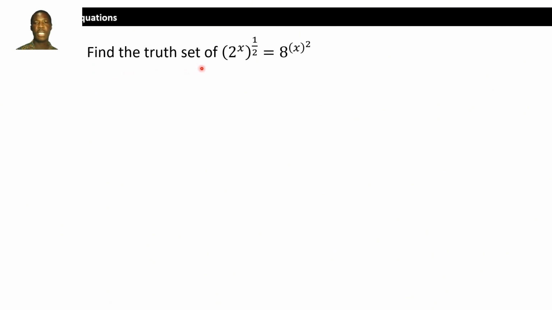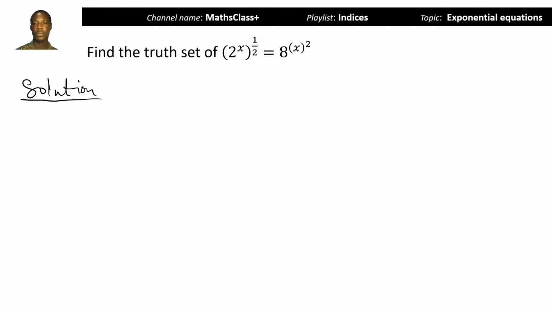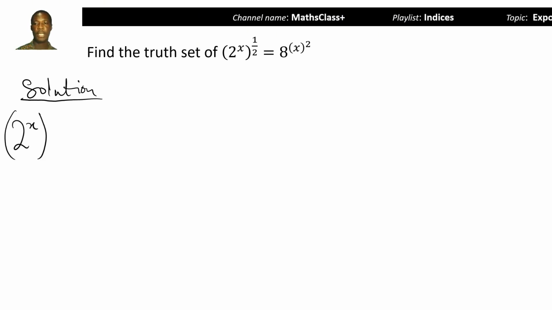Find the truth set of the equation (2 to the power x) all to the power half is equal to 8 to the power x, which is also to the power 2. Okay, now let's solve. So we have (2 to the power x) to the power half.